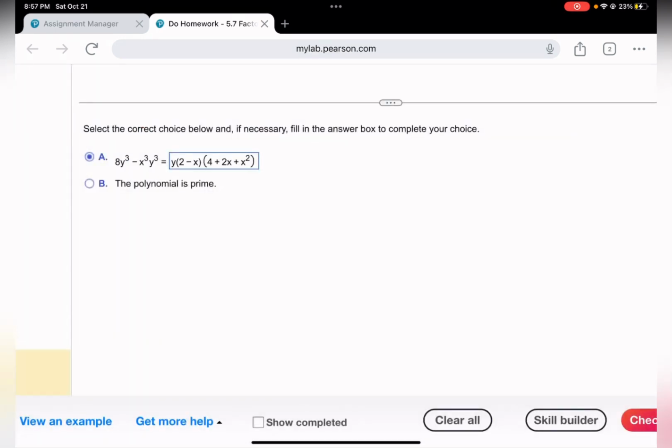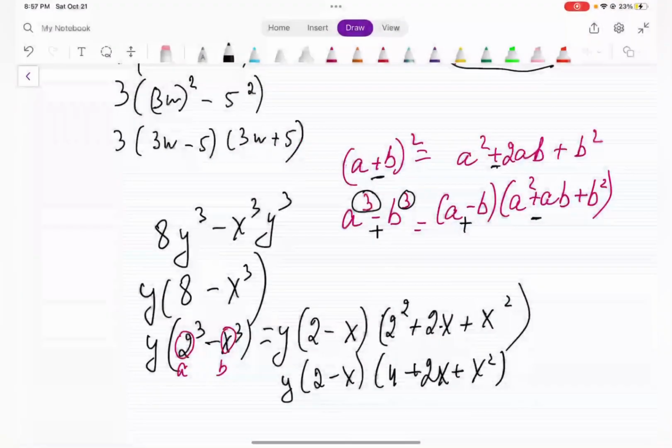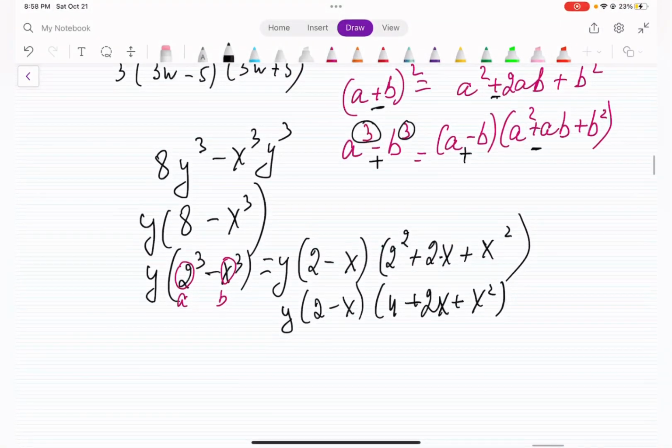4 plus 2x. Let's go back, double check. Eight minus x cubed, y cubed.